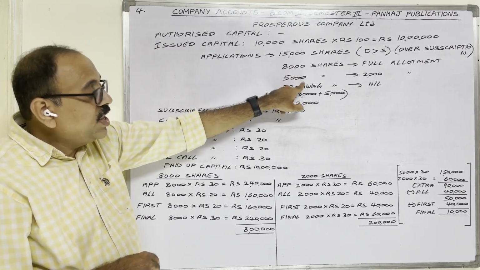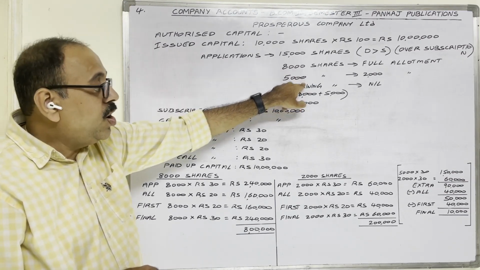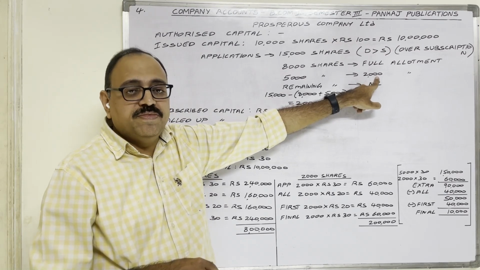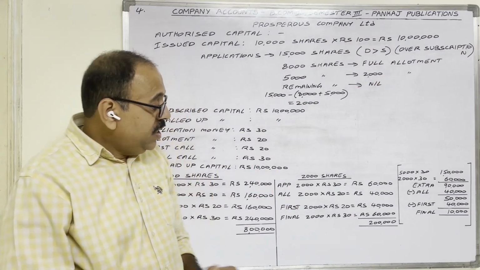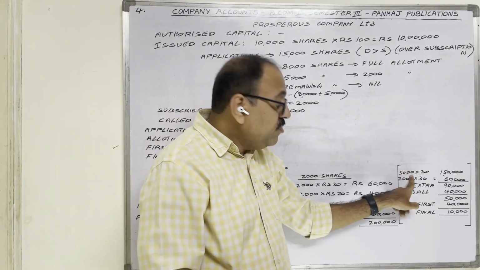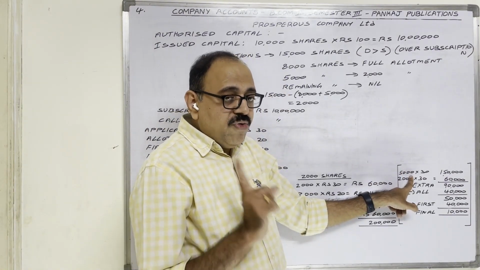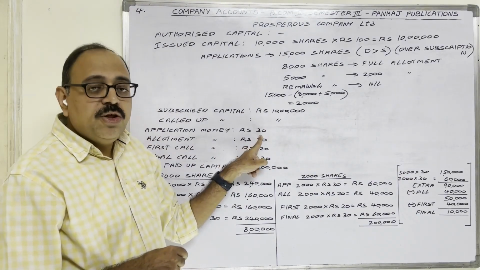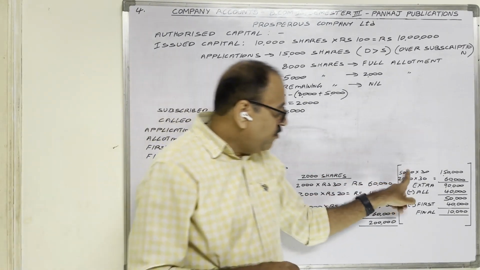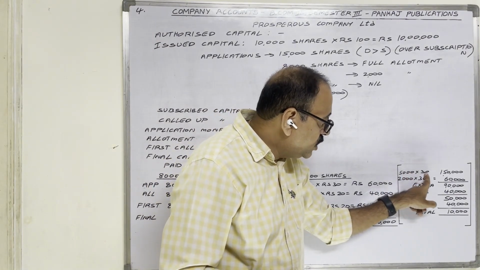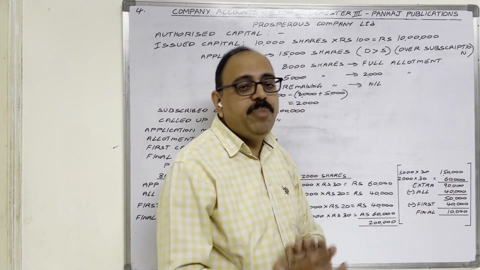They applied for 5,000 shares, but company allotted 2,000 shares to them. On 2,000 shares, they have to pay 2 lakh rupees. No? See, they applied for 5,000 shares. On one share, application money is 30 rupees. So how much they paid through application? 5,000 into 30 rupees each, 1,50,000 they paid.